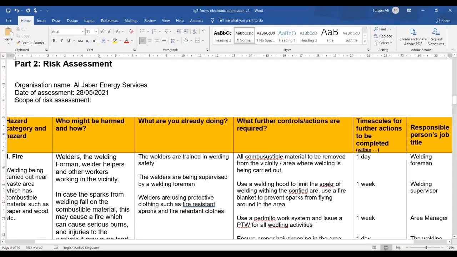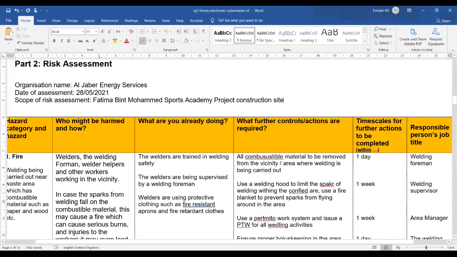Scope of the risk assessment, you need to mention the area that you are assessing. FBM, sorry, I'll mention the full name, Fatima bint Muhammad Sports Academy Project Construction Site. So this is the scope of the assessment.